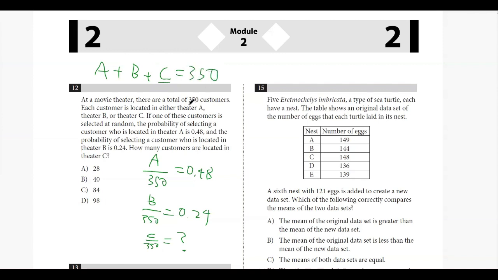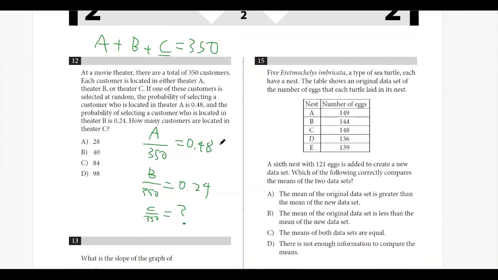So by solving for A and B, we get A is equal to 168, B is equal to 84.